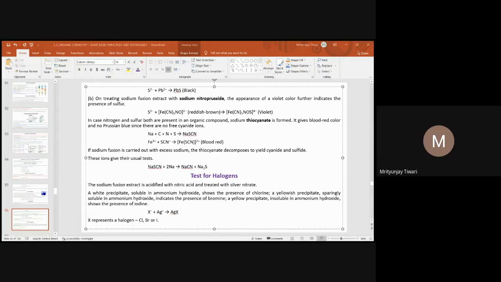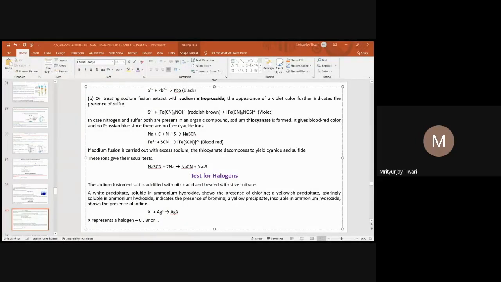If none of these tests are positive, this compound is a hydrocarbon. It doesn't contain any heteroatom, and it also doesn't give the test for phosphorus. So we form enough sodium fusion extract so that we can perform all these tests to determine the presence of different heteroatoms.